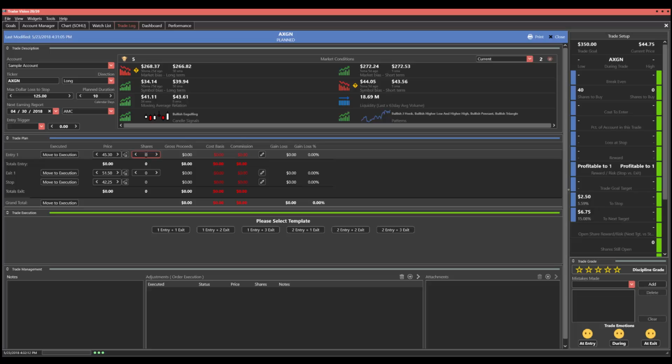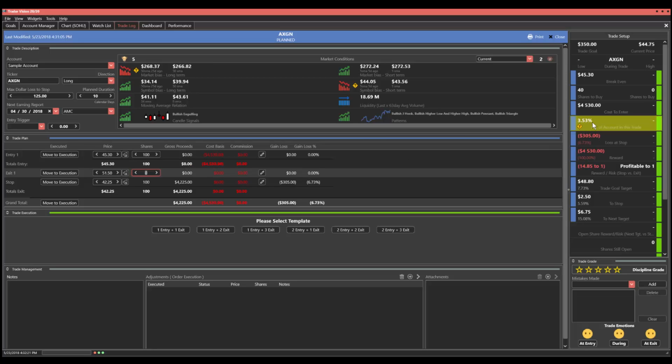Let's go wild, call it 100. See how big that would make it. Still only 3.5% of the account, but I'm risking $305 if I'm stopped out, with that stop being basically $3.05 below the entry.